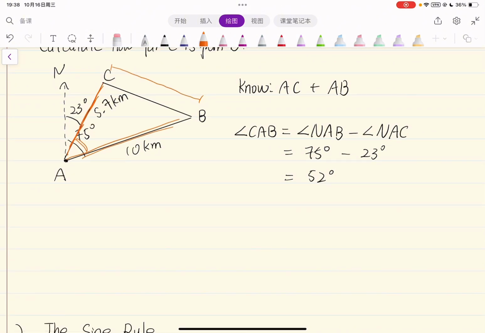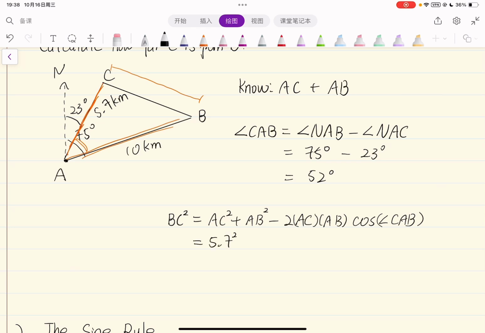So we write down that BC squared equals to AC squared plus AB squared minus 2 times AC times AB times cosine angle CAB, equals to 5.7 squared plus 10 squared minus 2 times 5.7 times 10 times cosine 52 degree.